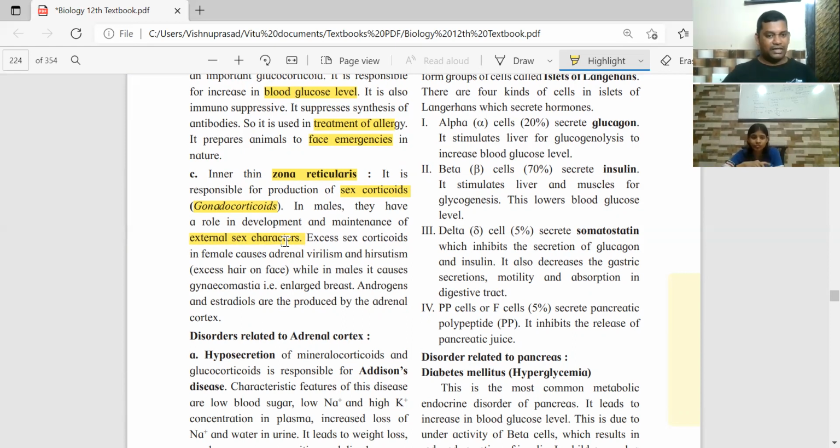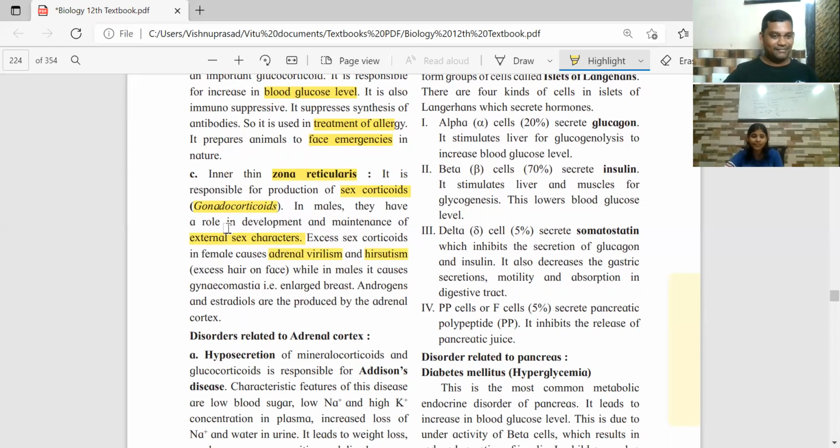If more sex corticoids are produced in females, it leads to a condition called adrenal virilism, also called hirsutism. That means the female will appear more like a male. Sometimes, very rarely, females have hair on the face, because of overproduction of gonadocorticoids.